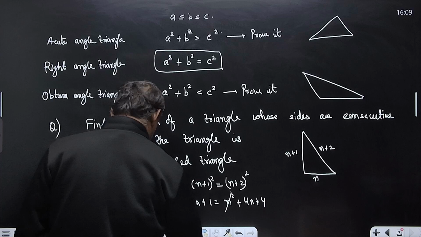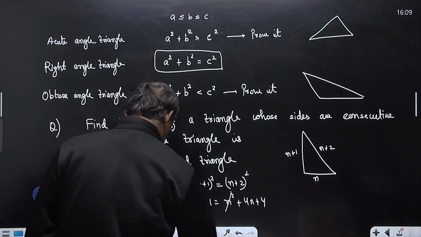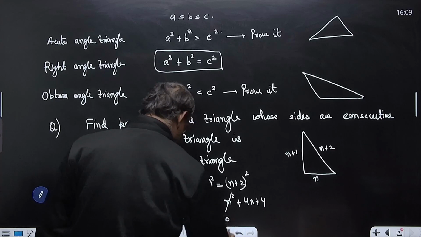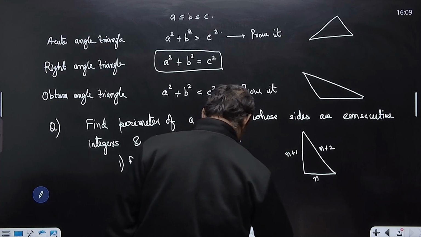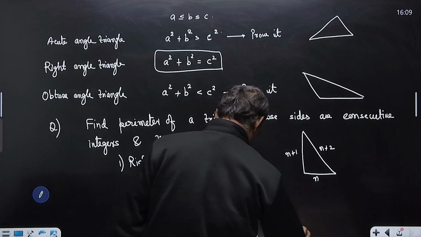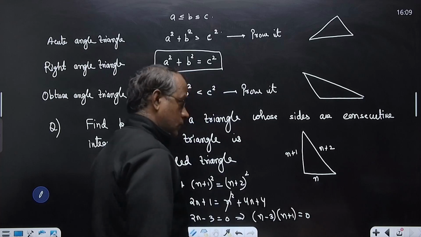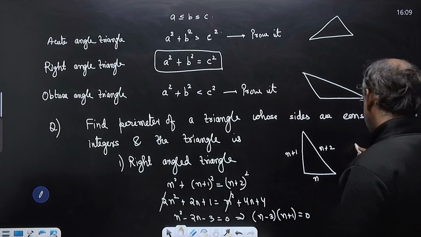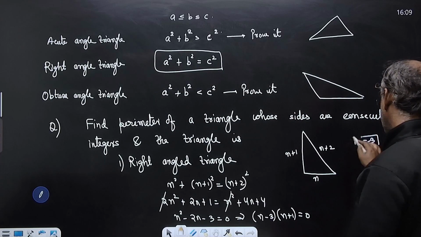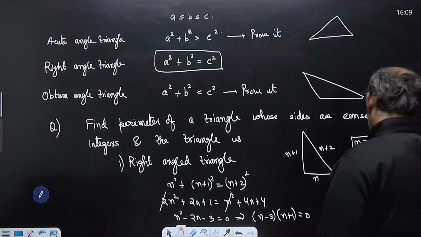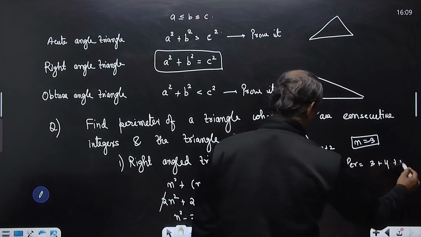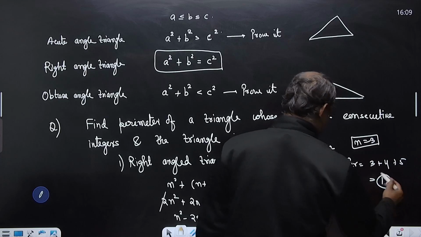So, you have n square minus 2n minus 3 equals 0, so n is equal to 3. So, perimeter is 3 plus 4 plus 5, which is 12.